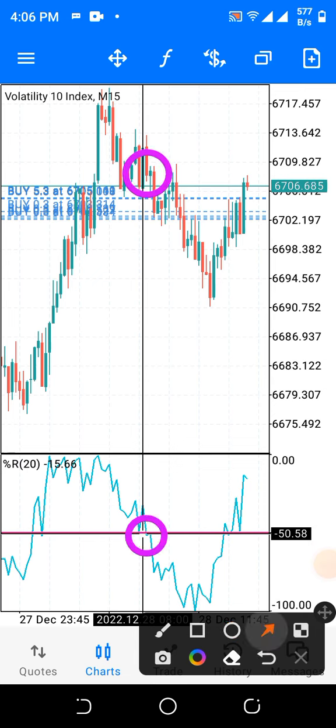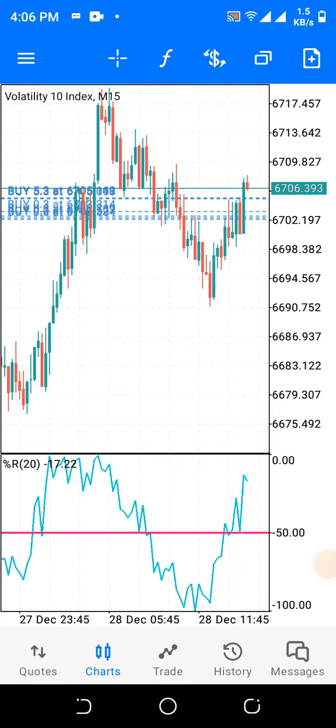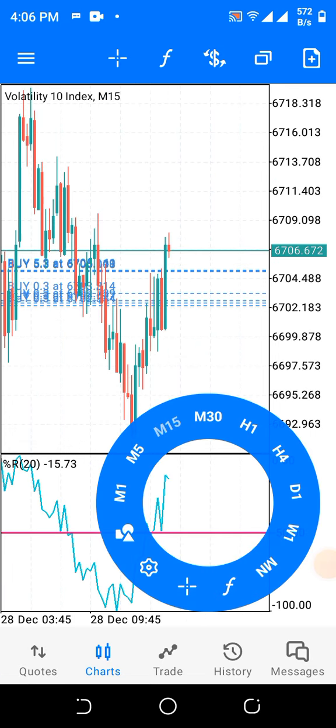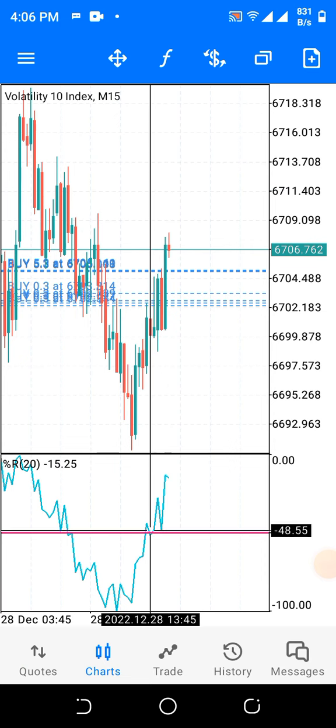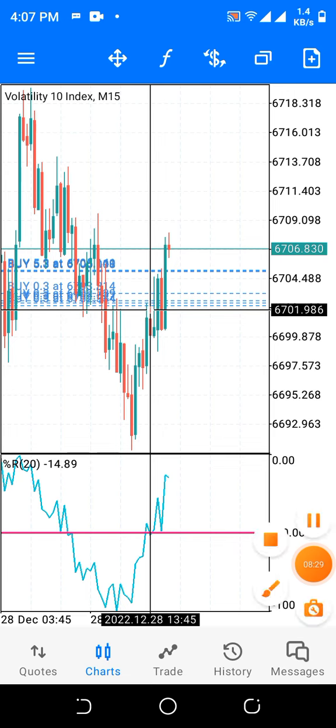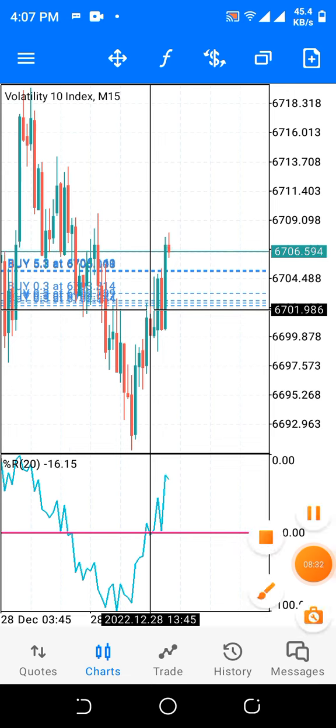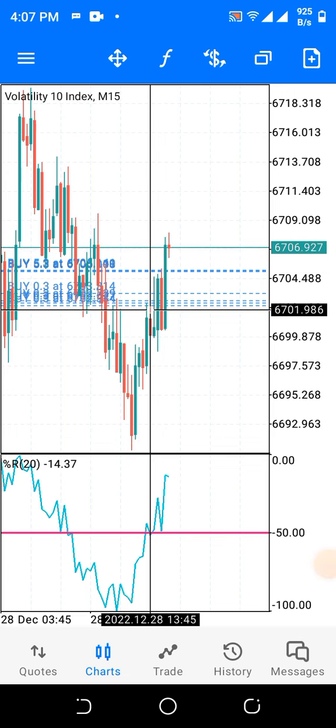So this is a profit for you. Currently now it crosses here upward. So the reason why I am on buy, this is why I am on buy. Do you understand?